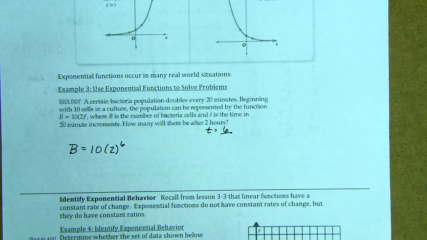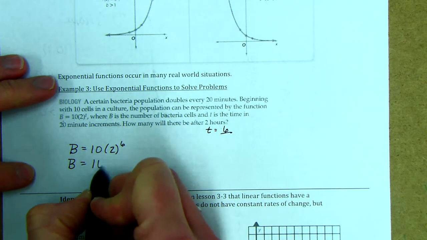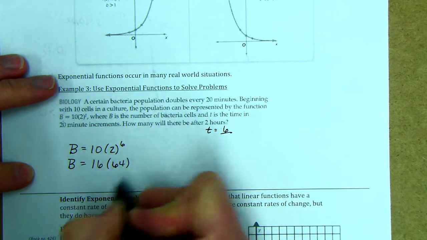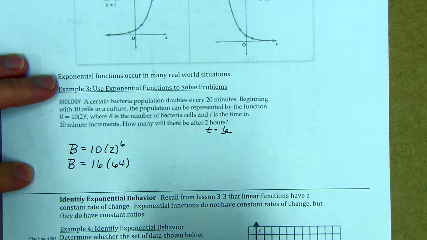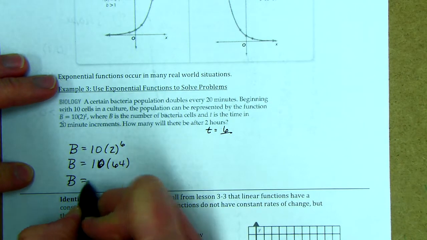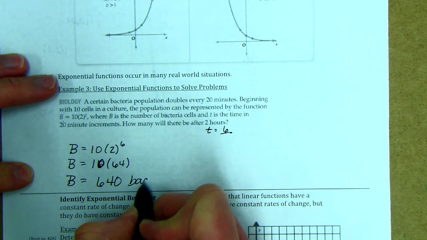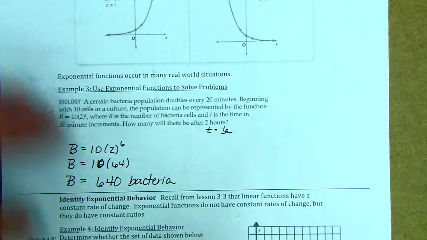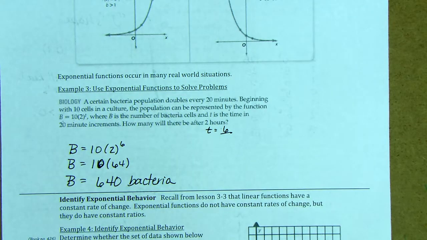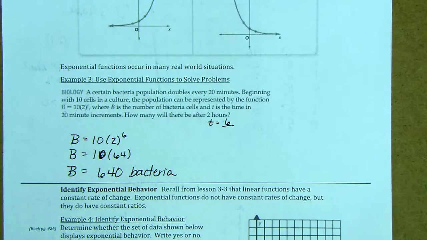Now, I know, and maybe you guys do, that 2 to the 6th power is actually 64, because we do exponents before we multiply. And I don't know why I put 16 here. And so bacteria is 640. Okay, 640. We started with 10, 640 after 2 hours. That's how quickly bacteria grows.